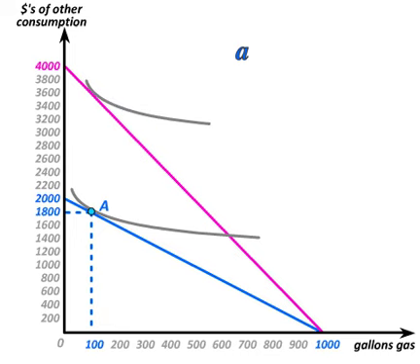When we now again solve his constrained utility maximization problem using the new price of gasoline, we can calculate the new optimal bundle C, which turns out to be 100 gallons of gasoline and $3,600 worth of other goods consumption.